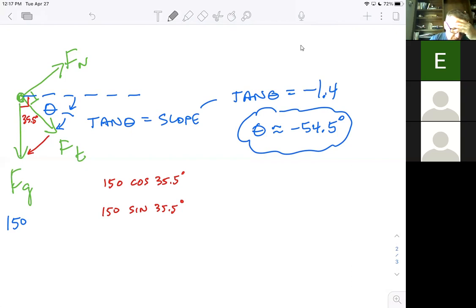So for cosine, I got 122.1. For sine, I get 87.1.